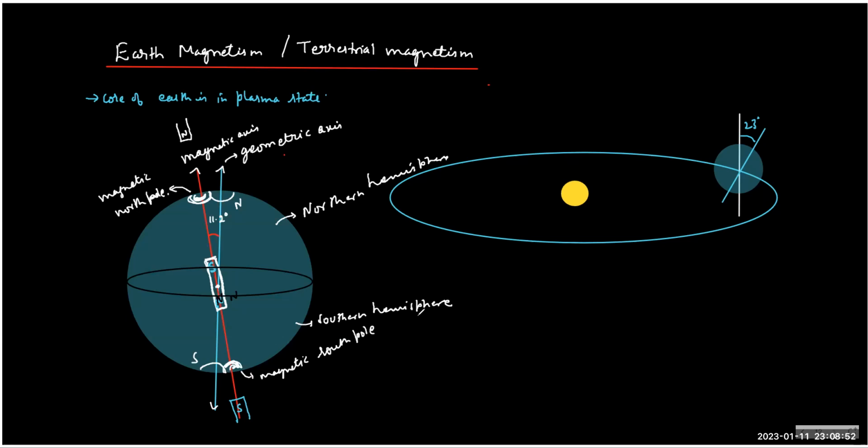So in the northern hemisphere, any freely suspended magnet will have its North Pole tilting towards the Earth. And if you're in the southern hemisphere, the South Pole will be tilting towards the Earth. Is this clear? Now you can draw the field lines to understand what exactly happens.